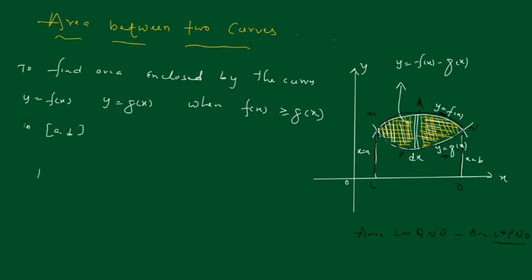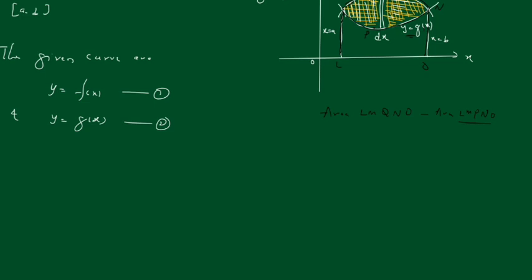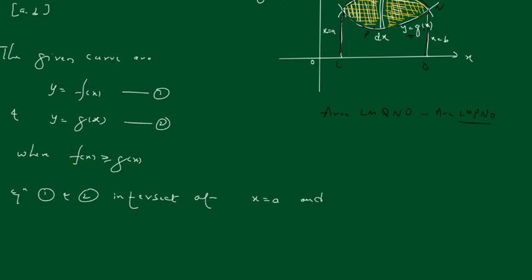Let the given curves be y equals to f of x as equation 1, and y equals to g of x as equation 2, where f of x is greater than or equal to g of x. Equations 1 and 2 intersect at x equals to a and x equals to b. Very simple. First we find this much area, then reduce this area, so finally we get the bounded region, that is y equals to f of x minus g of x.